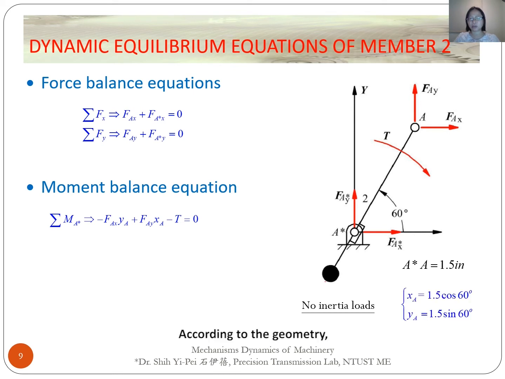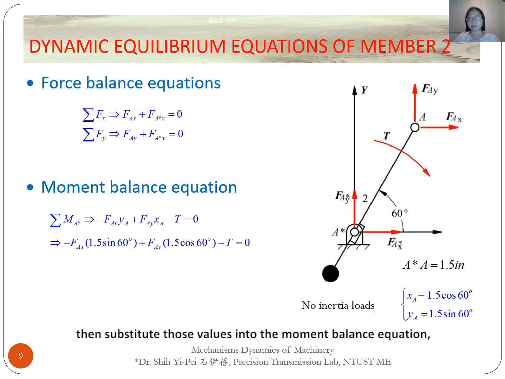According to the geometry, the distance A A star is 1.5 inch. So we have the moment arm XA equal to 1.5 times cosine of 6 degrees, and YA is 1.5 times sine of 6 degrees. Then substitute those values into the moment balance equation. We can get this equation.